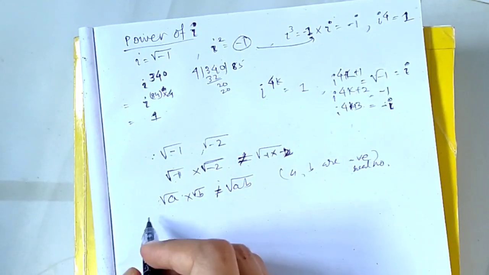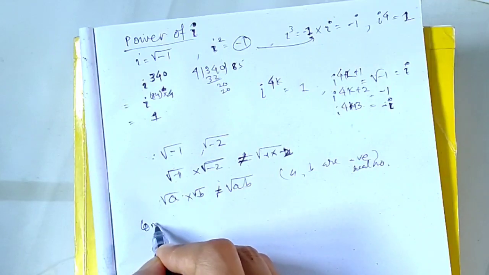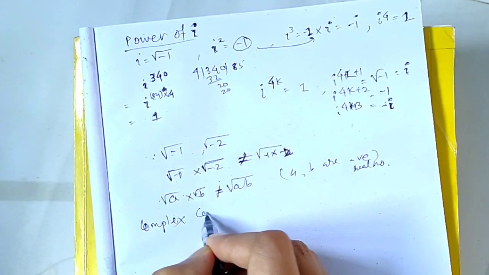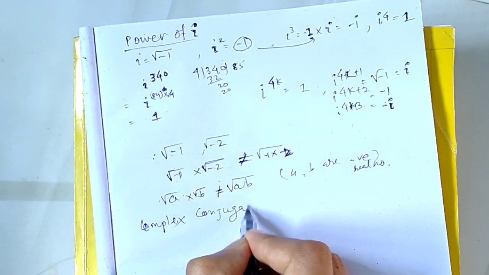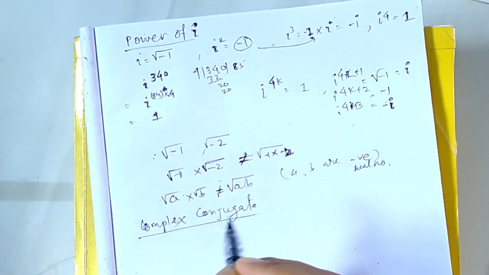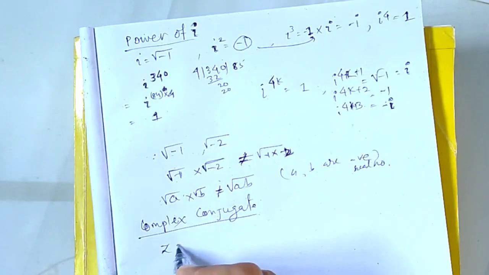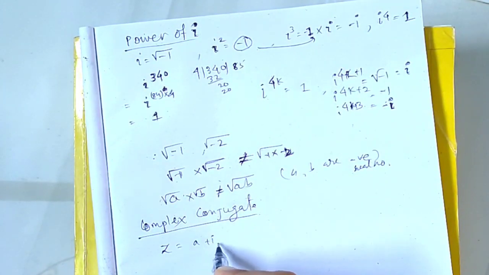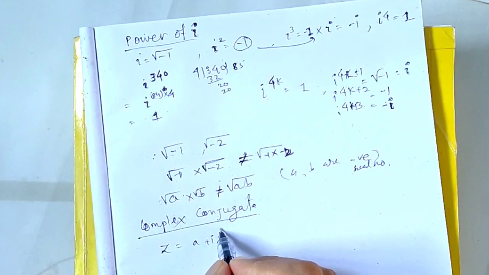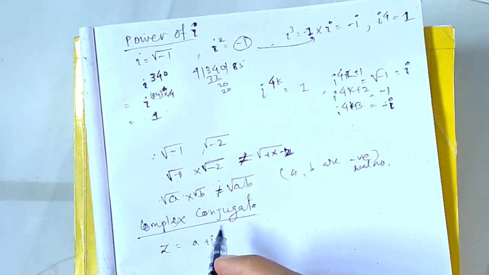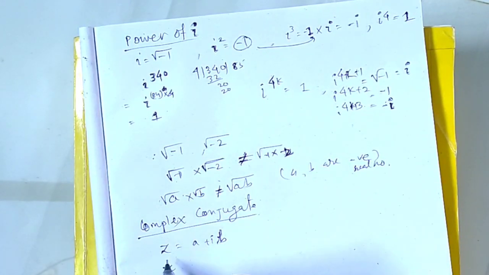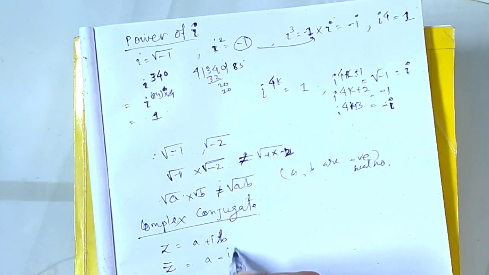Now let's discuss the complex conjugate. Suppose we have the complex number z equal to a plus ib. The complex conjugate is basically putting a negative sign in between. It is written as z bar, which is equal to a minus ib.